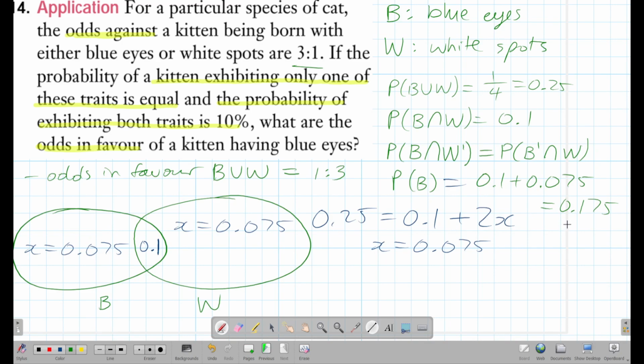The tricky part, maybe not hard, comes from turning this into odds. So the way that you turn this into odds is first you turn this into a fraction, because we want to apply those formulas for turning odds into probability and back again.